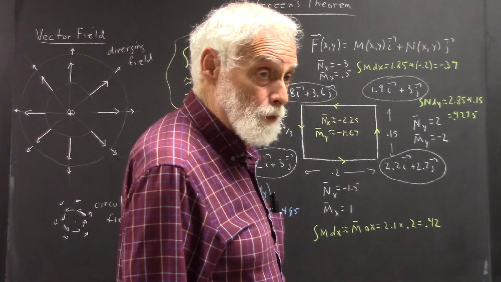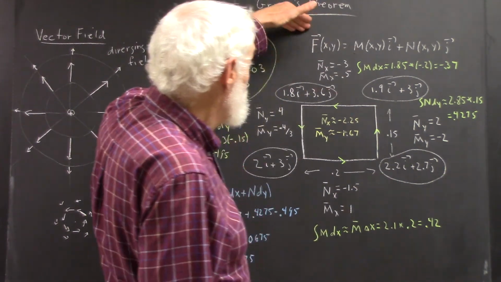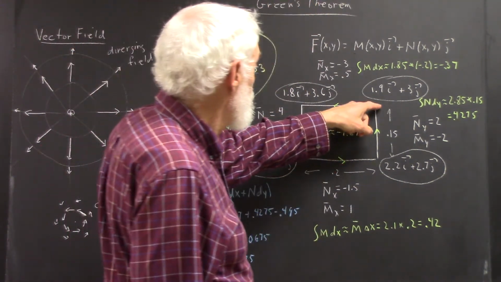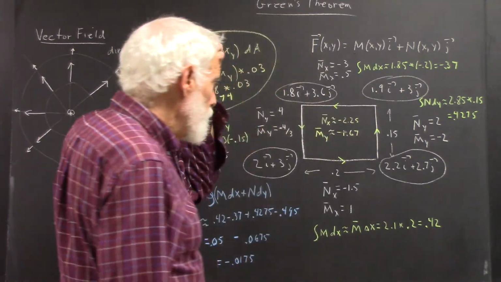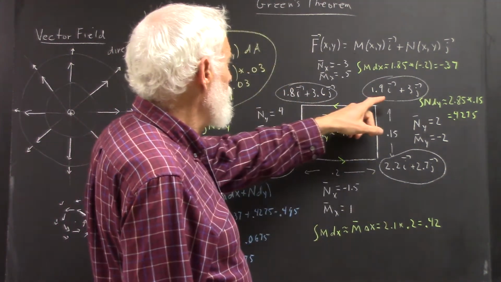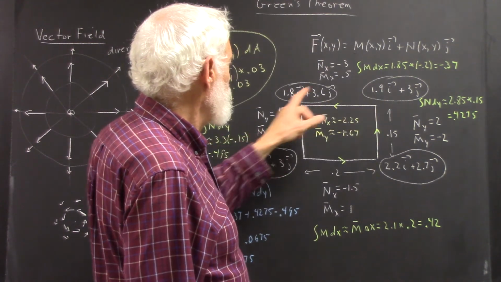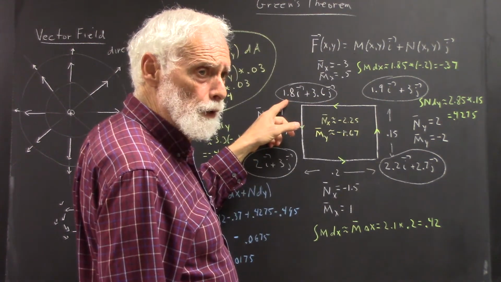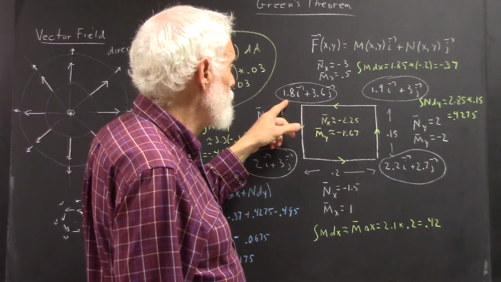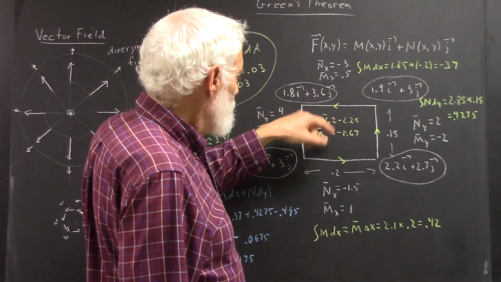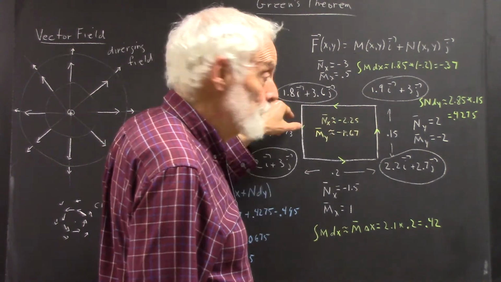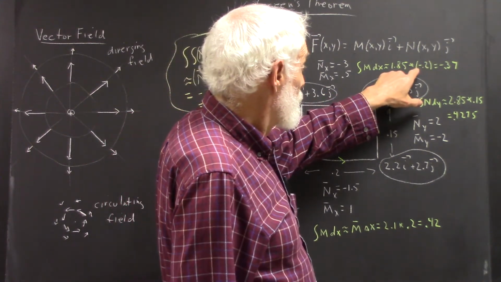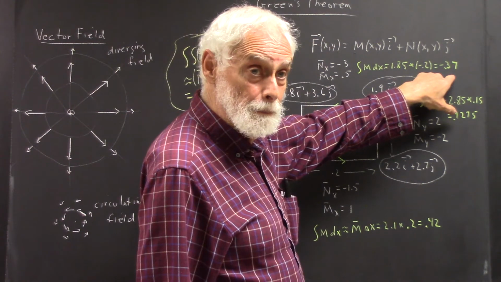No big deal. Now I'm going to skip up here and say, okay, now I come back the other way because I'm going around this loop, and my average value of M is the average of 1.9 and 1.8, which is 1.85, and we multiply that by the negative 0.2 x increment, and we get negative 0.37.